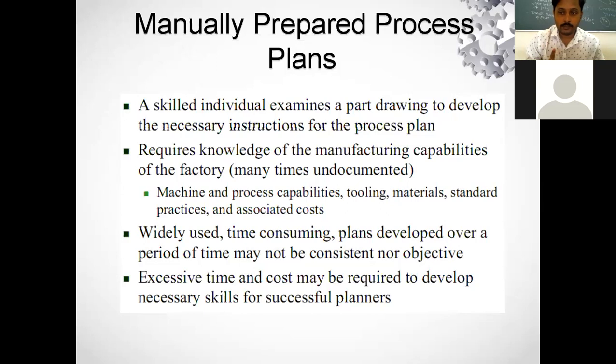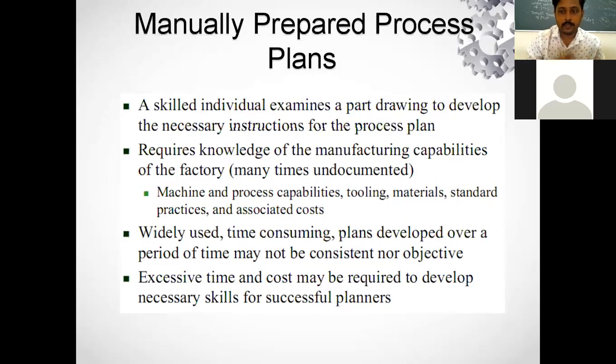Also, since we are involving a human, that person should have knowledge of the manufacturing capability of the factory in which he is working and trying to plan the process.